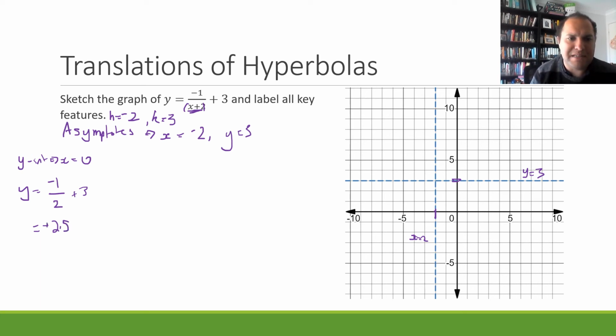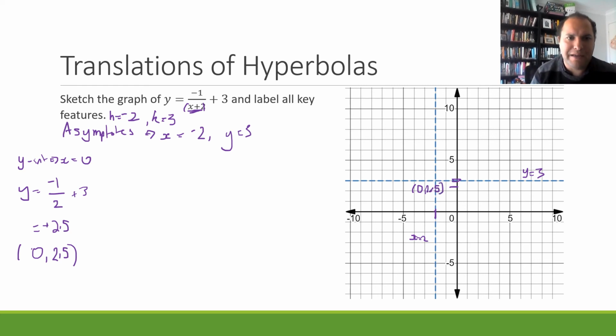So our y-intercept is 0, 2.5, which is right here. So I'll write in there 0, 2.5.